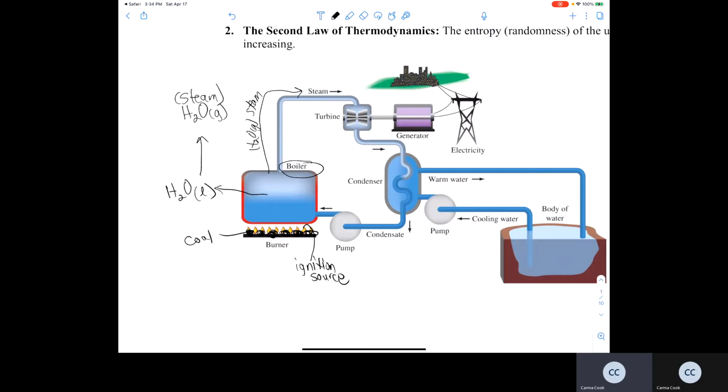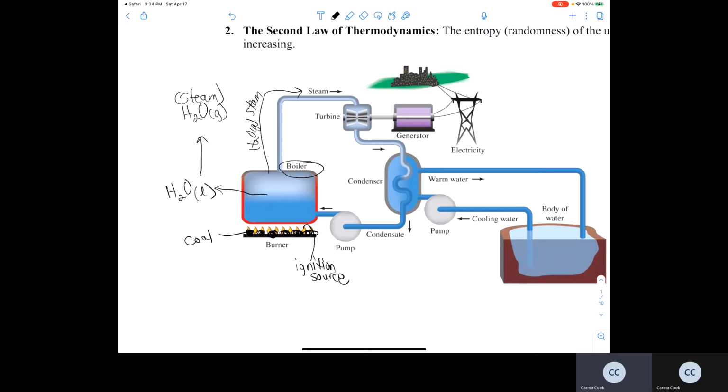They have complete freedom of movement. So the stored chemical potential energy in the fuel, in those bonds holding the fuel molecules together, those bonds get broken, and that energy is transferred to liquid water. That heat transferred to the liquid water converts the liquid water to gas, which we also call water vapor or steam. And then that steam now in gas form can move, and it moves to a turbine.